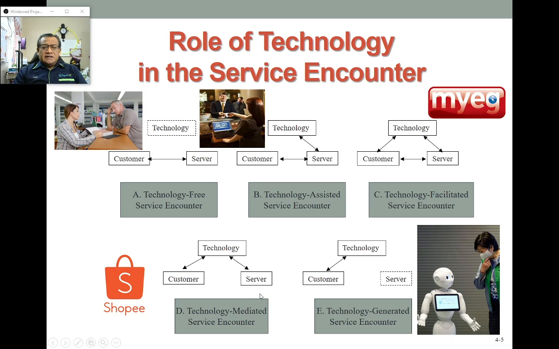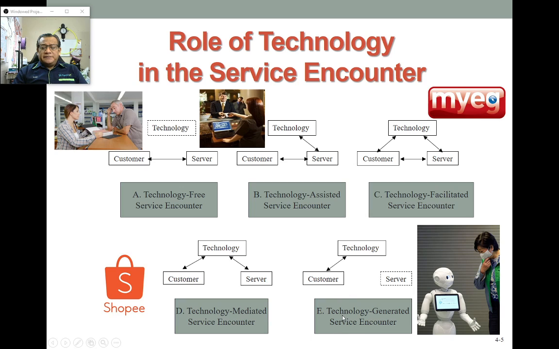Technology will deal directly with the Shopee employee as far as the purchasing executive is concerned, and technology also assists the warehouse as far as packaging and delivery is concerned. So this is what they call a technology-mediated service encounter, because technology is handling both the customer and the company employees to serve the customer.